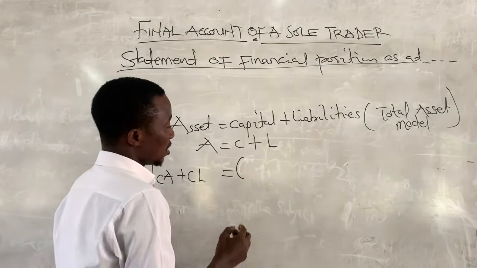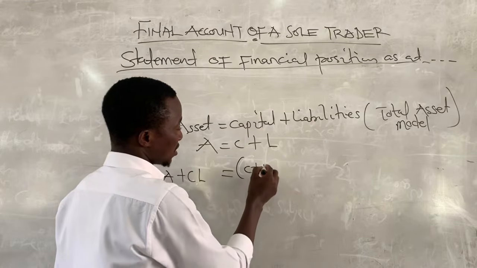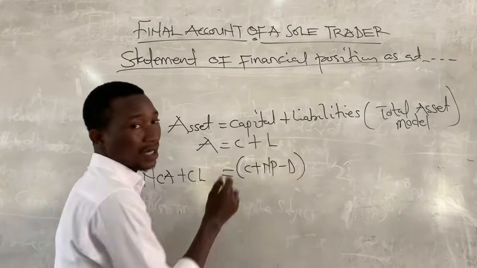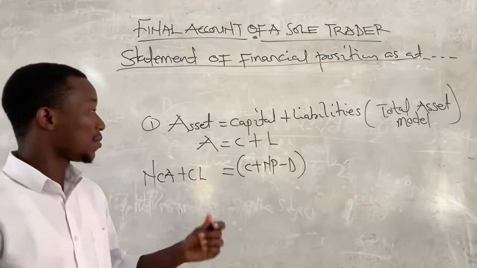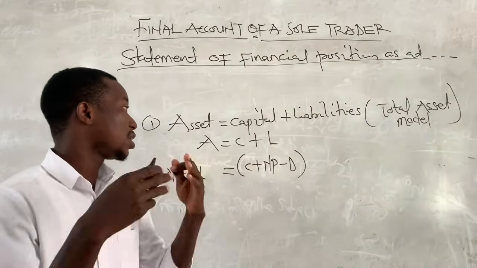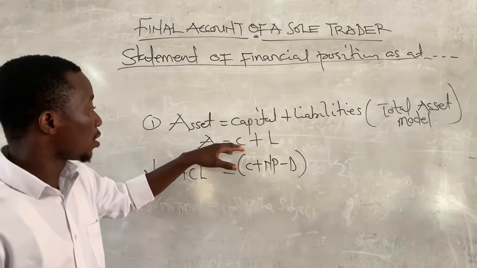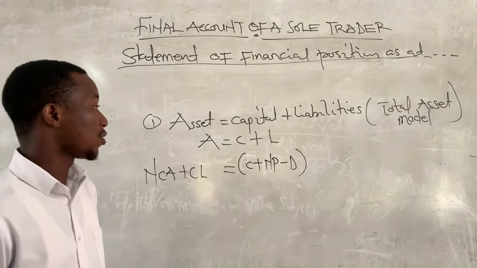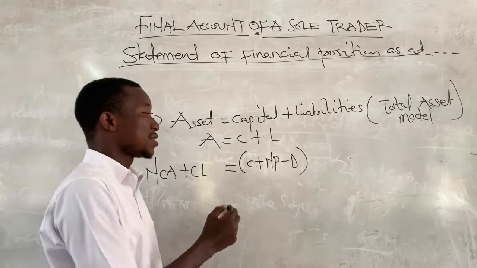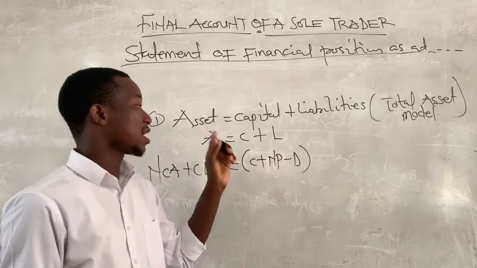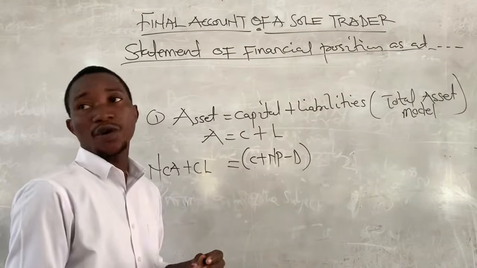The capital is the capital plus the net profit minus any drawings. This capital is the owner's equity, the initial capital the sole trader introduced into the business, plus any net profit or net loss ascertained in the income statement. And if there are any drawings, then we deduct them.